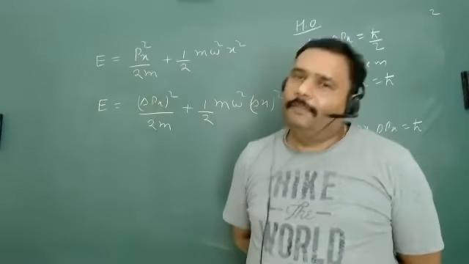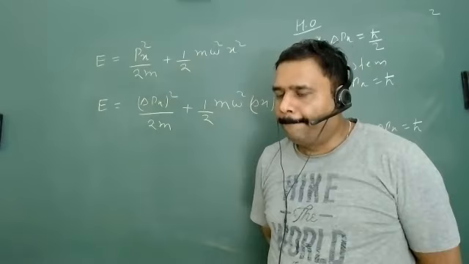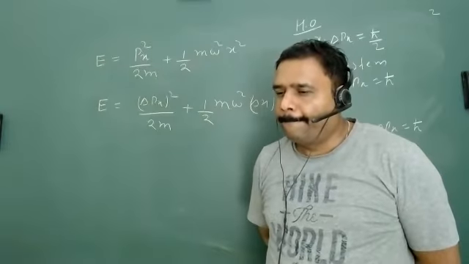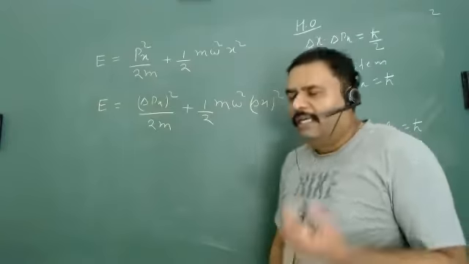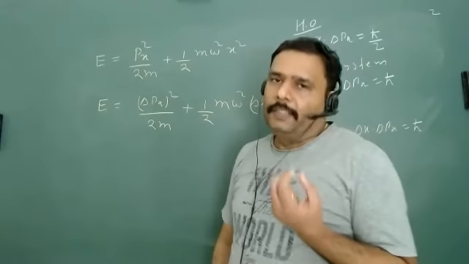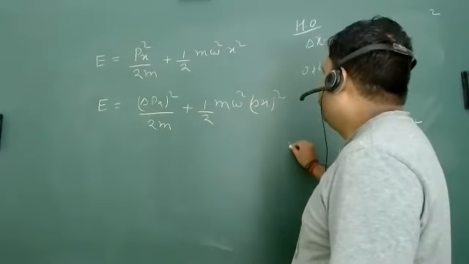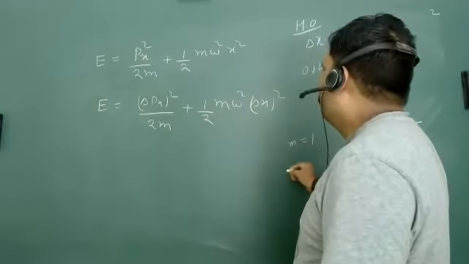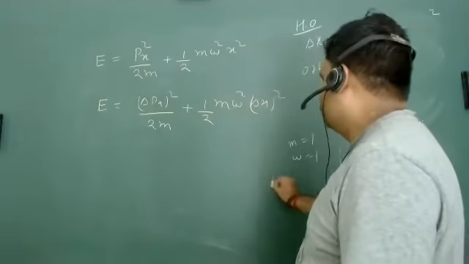For the particle in a box, we have taken h cut. But for the harmonic oscillator, we are taking h cut by 2. Potential energy is directly proportional to delta x. No. Look at this, everything is all about symmetry. If I take m equal to 1 and omega equal to 1 unit, what will be the energy?